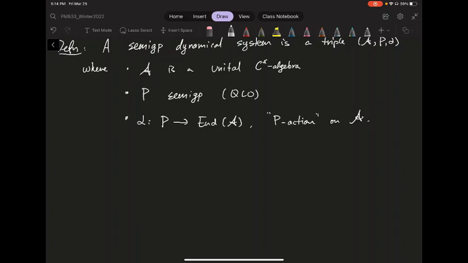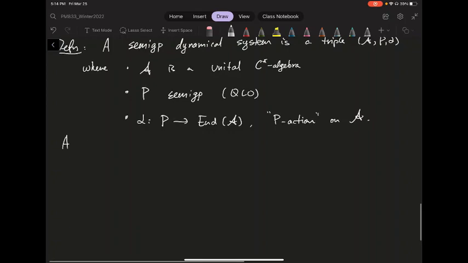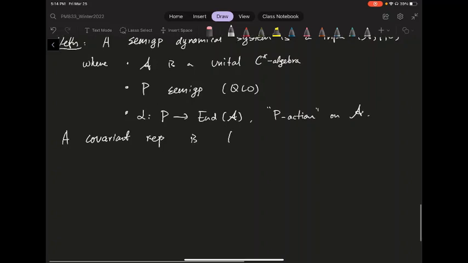Whenever you have such a dynamical system, you can talk about its representations. A covariant representation is essentially a representation that encodes your dynamics. It's usually given by a pair where the first part is a representation of your C-star algebra.